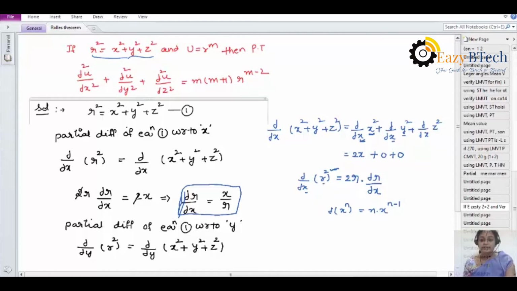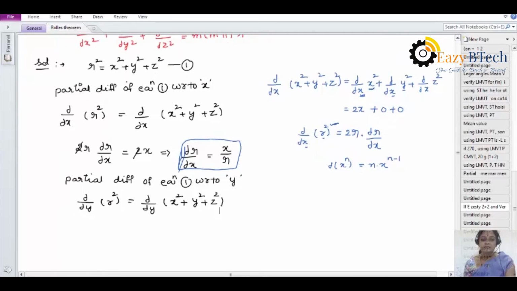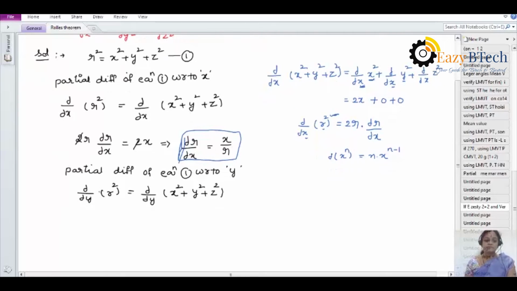And the LHS part is partial differentiation with respect to y of the r square function. Now I am doing the differentiations here.